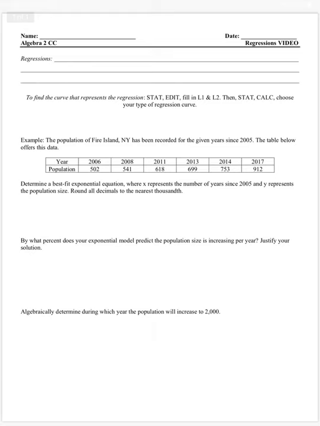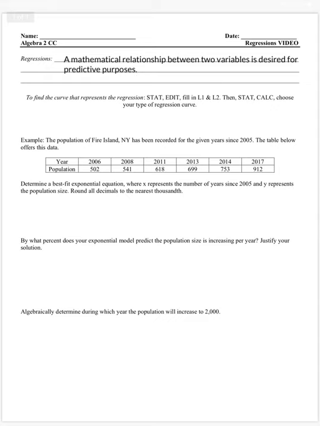Today we're going to move on to something called regressions. What I'm going to ask you to write down next to this is kind of like a definition: a mathematical relationship between two variables is desired for predictive purposes.